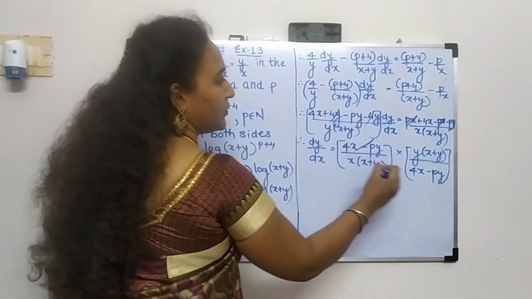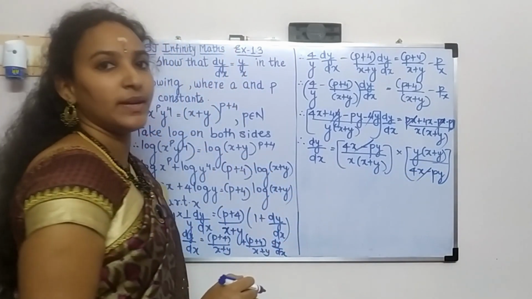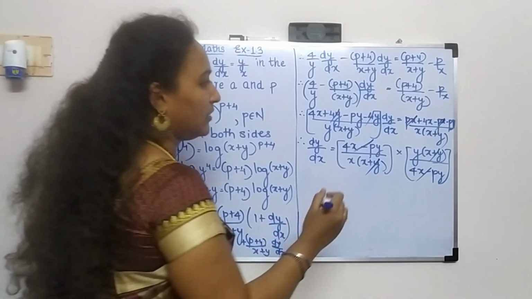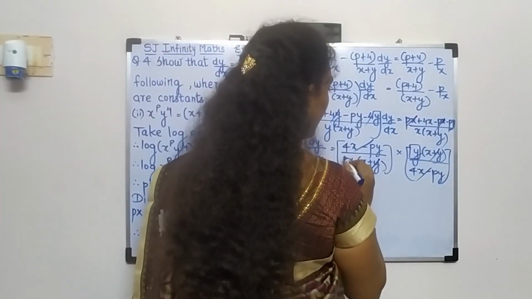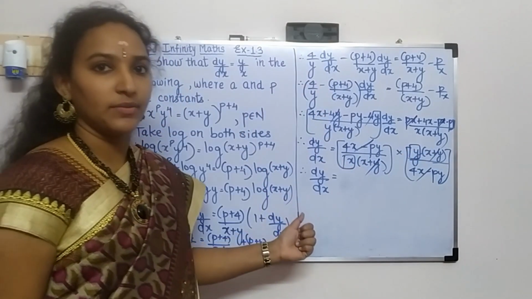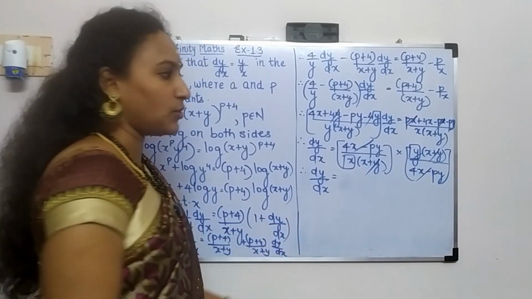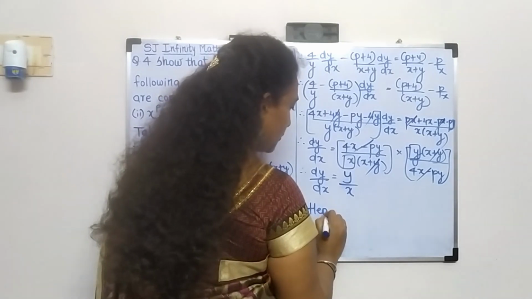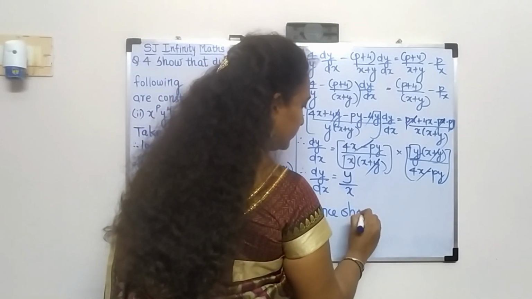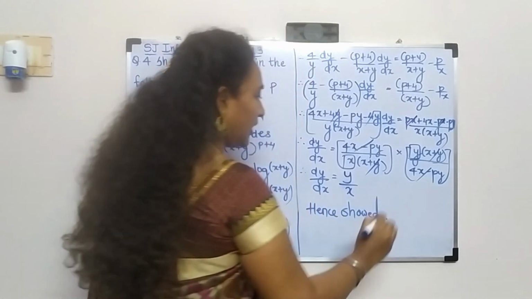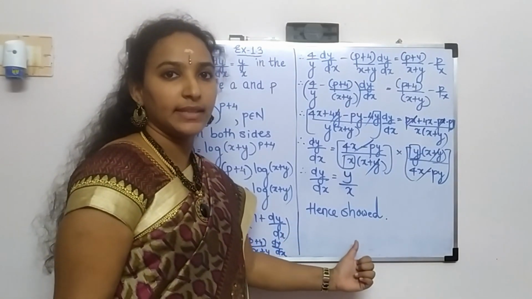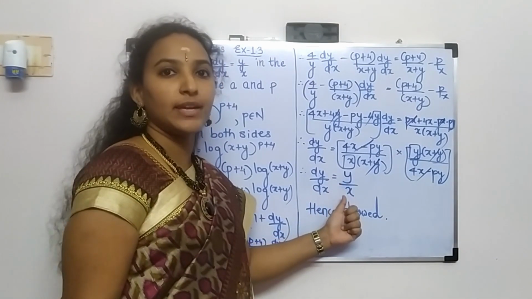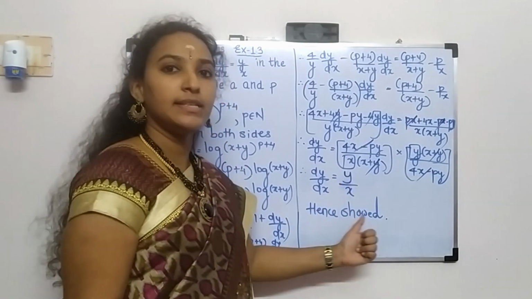Okay. So now 4x - py gets cancelled. x + y also gets cancelled. So we are left with only y/x. See, therefore dy/dx = y/x, hence shown. Okay. We'll end the answer like this by writing hence shown.